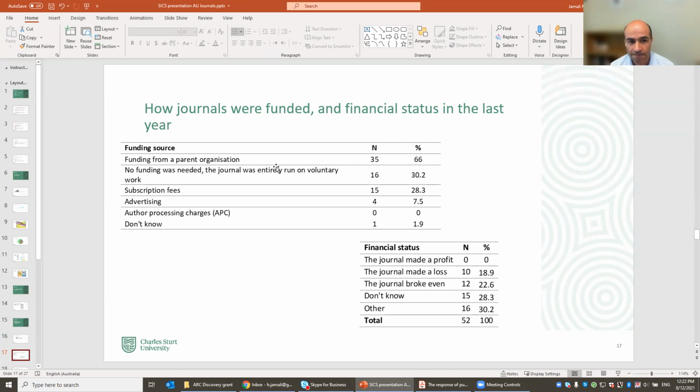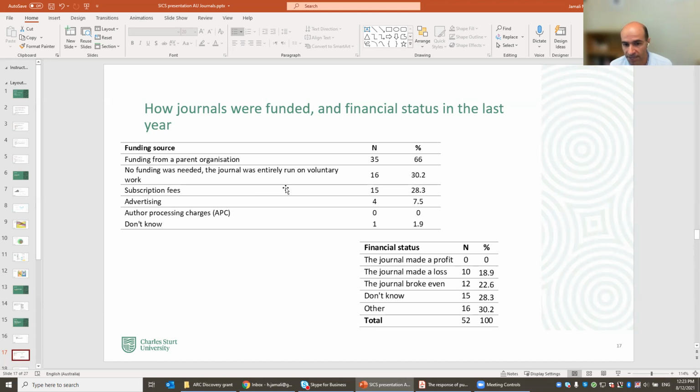They either relied on the parent organization to pay for them, 66%, or they didn't. They said no funding was needed because basically the university paid for the hosting of the website, for instance, and the editor was working for free, the reviewers were working for free, and therefore they thought that there was no cost attached or no cash was needed for the publication of the journal, because they relied on voluntary work or the support from the parent organization for other infrastructure if there was an office and so on.